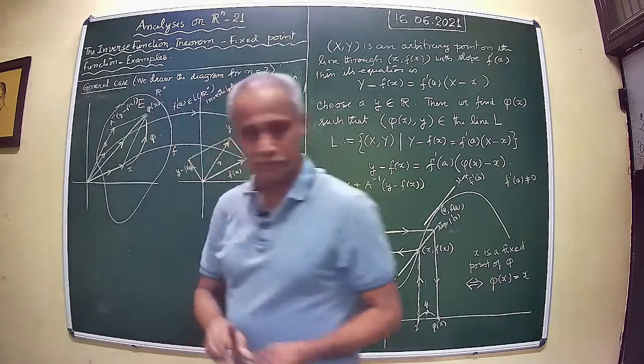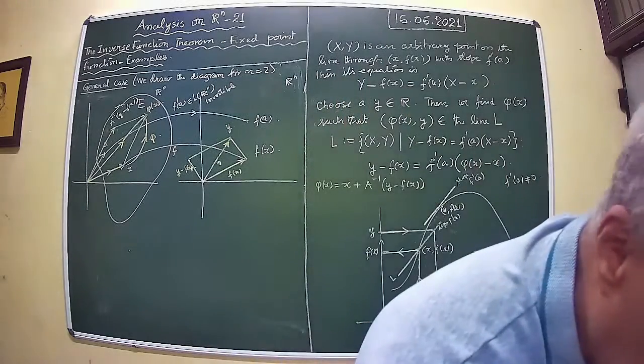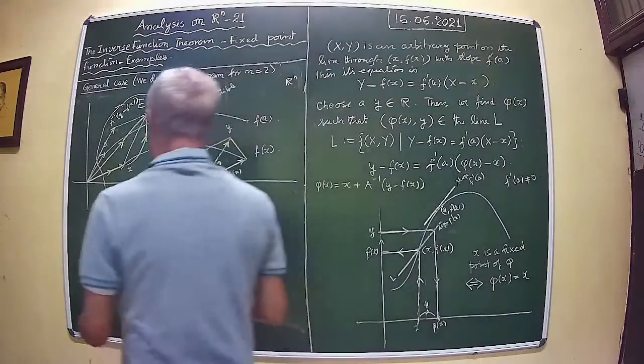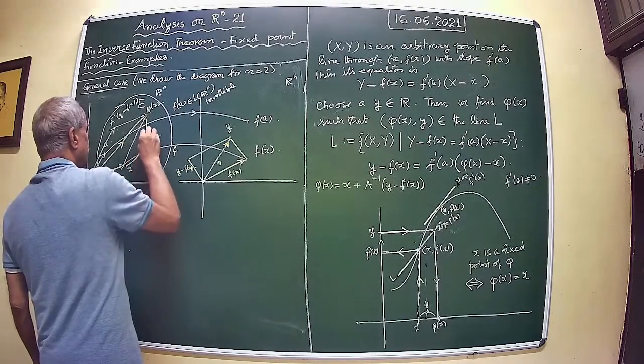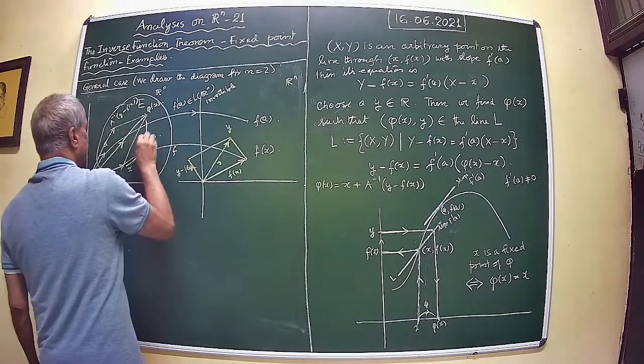This is the phi map, marked with a different color.